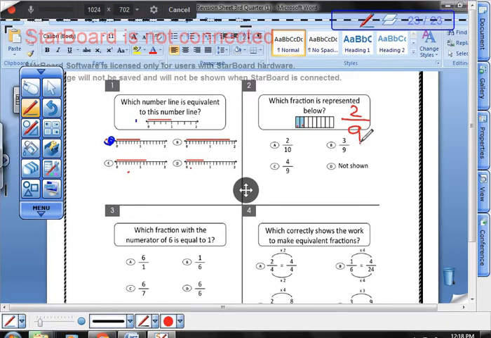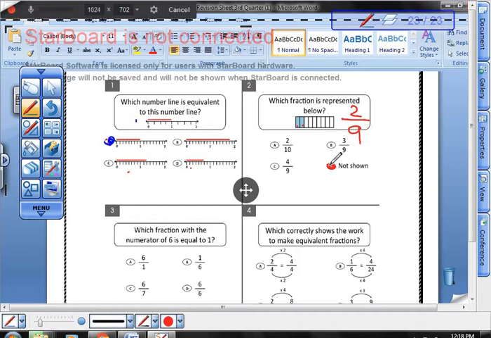So this model can be represented as 2 out of 9. We have 2 out of 10, 3 out of 9, 4 out of 9, and not shown, which is our answer, because 2 out of 9 is not here.